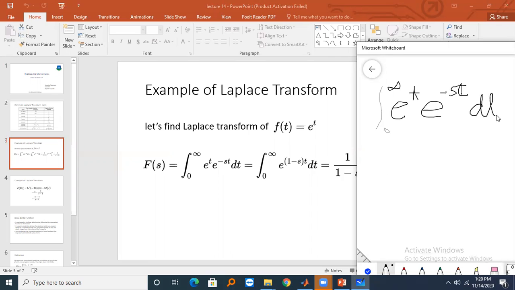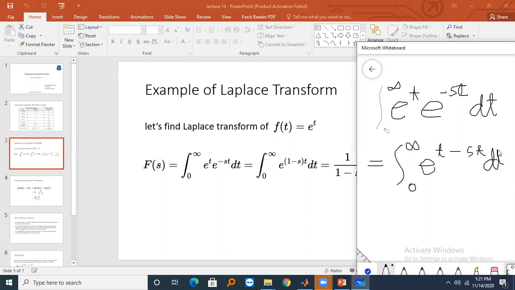Okay, now the integration of e to the power t, minus st. We can get this from there.